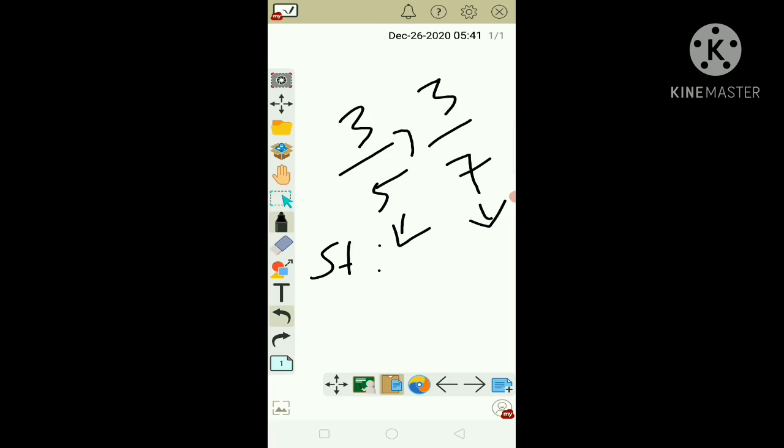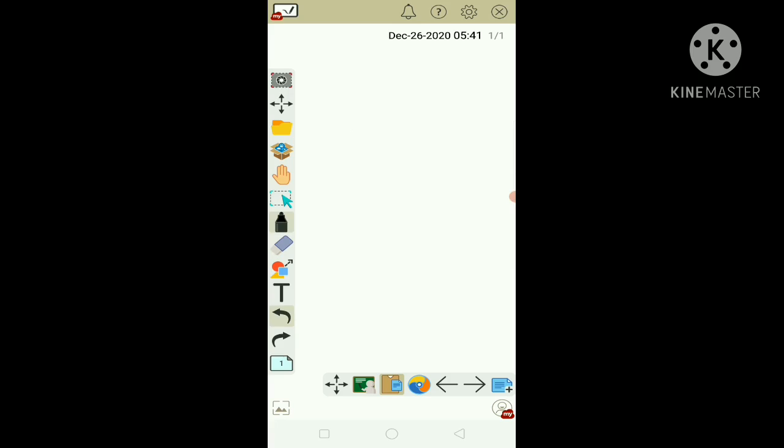Okay, we'll take another example. 1 upon 7, then 1 upon 9. Which kind of fraction is this? Can you tell me? If you listened carefully to my previous video, you can answer. It's a unit fraction, because I already told you when we discussed the types of fractions. Fractions where the numerator is 1, we call a unit fraction.